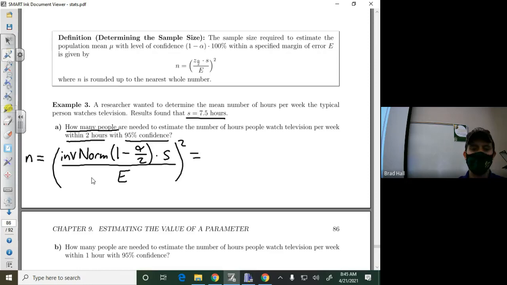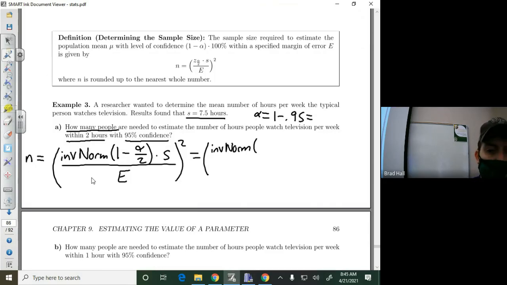So that means we need to figure out alpha. We already know little s, and we need to figure out the error. Well, the inverse norm, we need to figure out what alpha is. Alpha is the complement of the confidence interval as a proportion. Oops. There's a divide by 2 there.